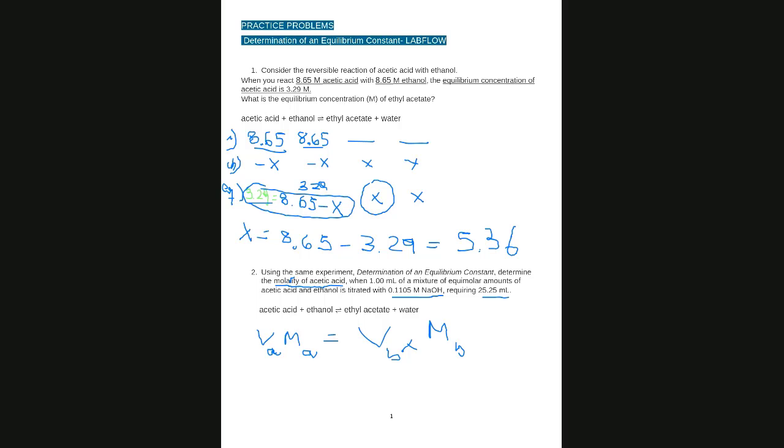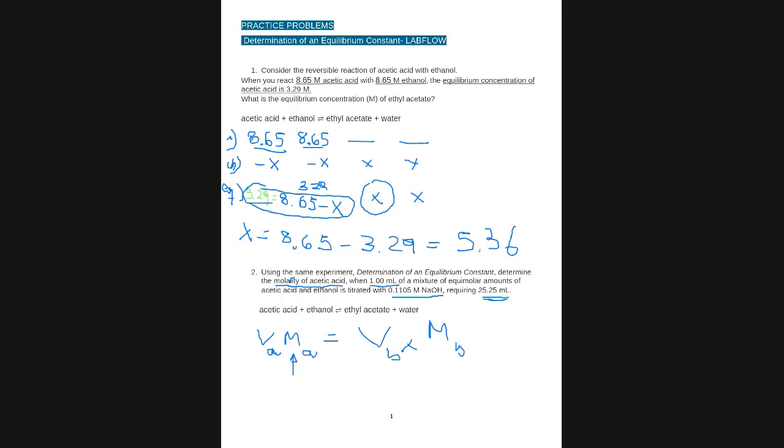Now, because we are calculating the molarity of the acid, we have the volumes. 1 ml is the volume of the acid, and 25.25 mLs the volume of the base.